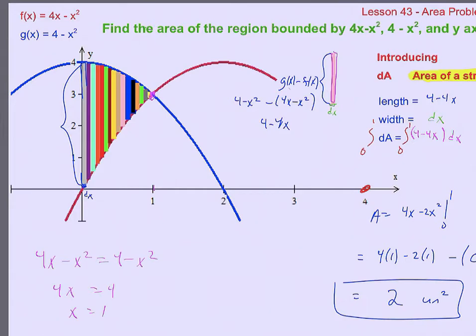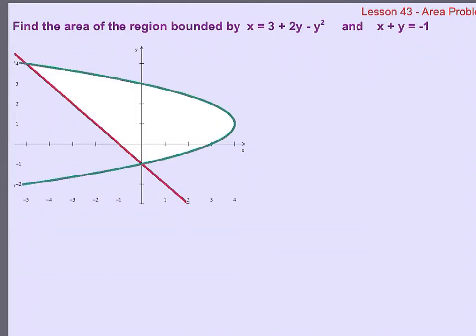Okay, pause and make sure you understand what happened in all of this, and then we're going to try another one, which is going to be slightly different, but really the same idea. In this one, we're going to find the area of the region bounded by x equals 3 plus 2y minus y squared, which you might not know this, but that is a parabola.